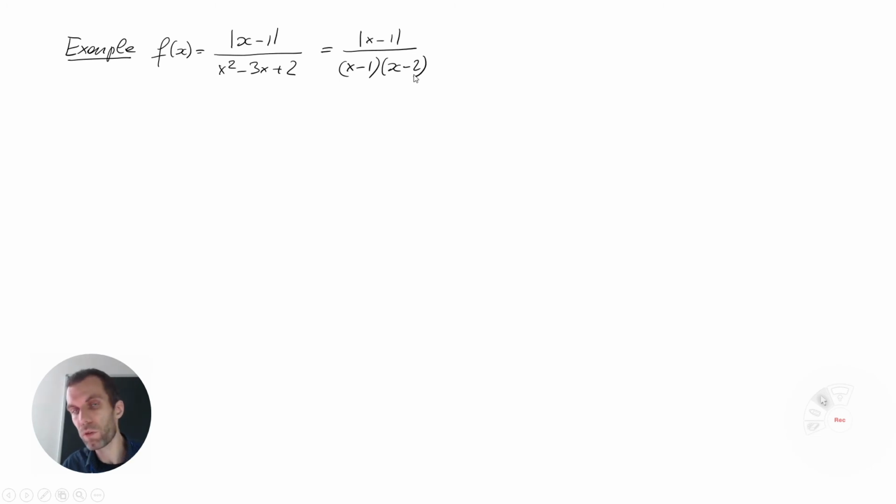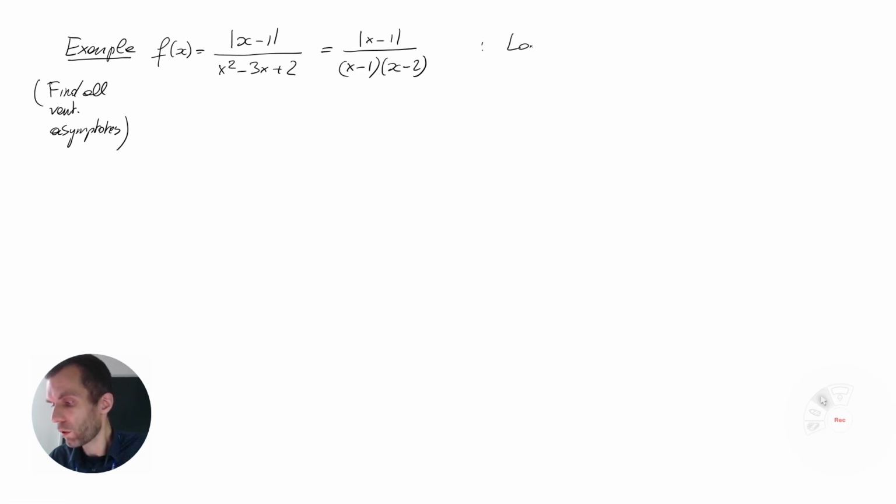And now a very good heuristic to look for vertical asymptotes. So here we want to find all vertical asymptotes. A good heuristic is to look for zeros of the denominator that are not zeros of the numerator.